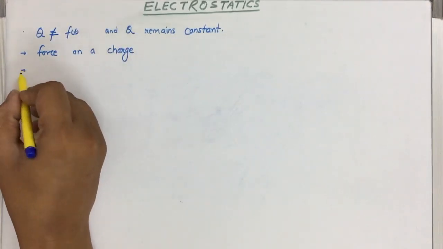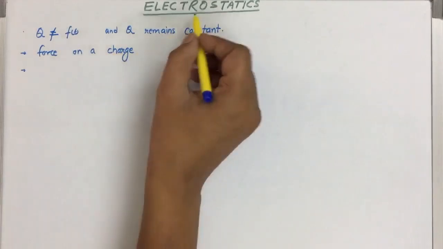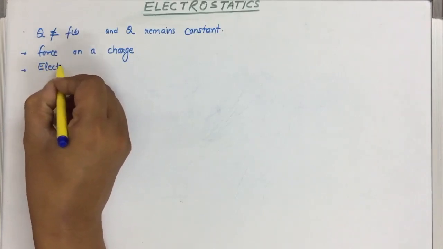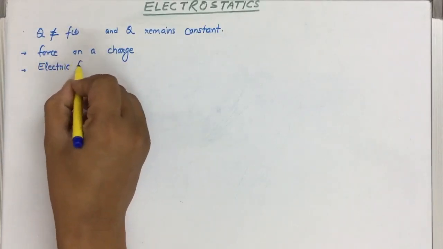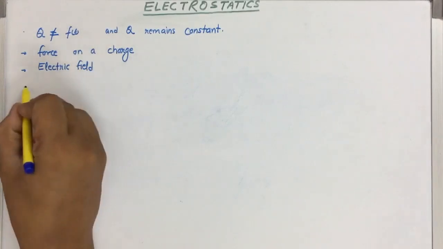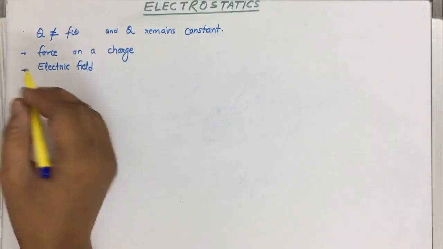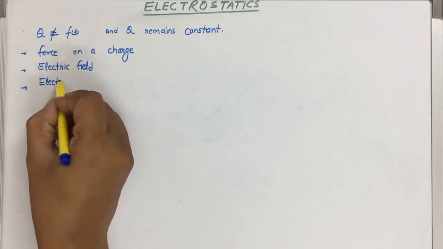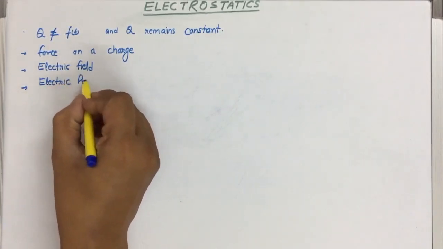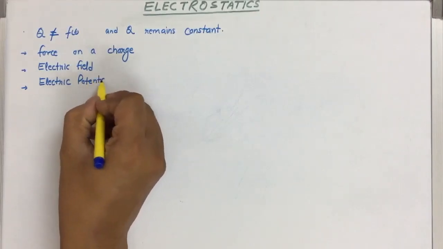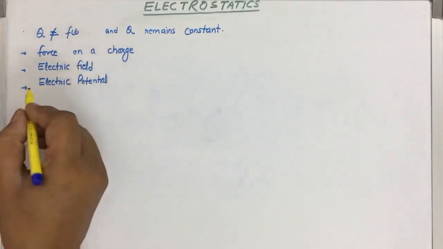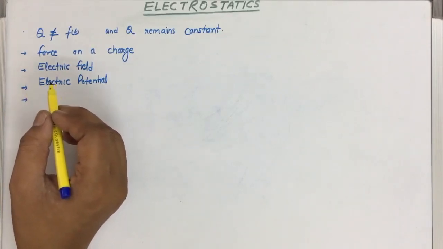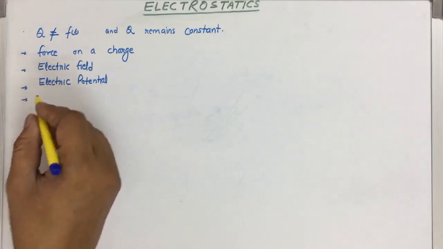The second point will be the electric field, and in continuation we will do electric potential. And the last that we are going to discuss for static charge will be potential energy.